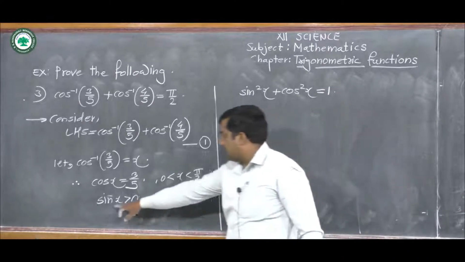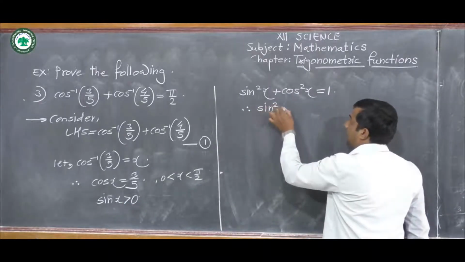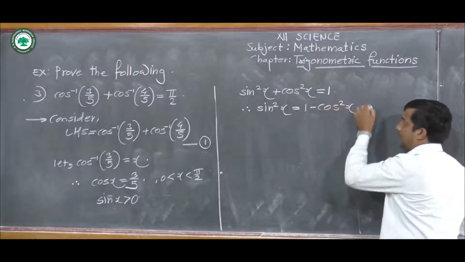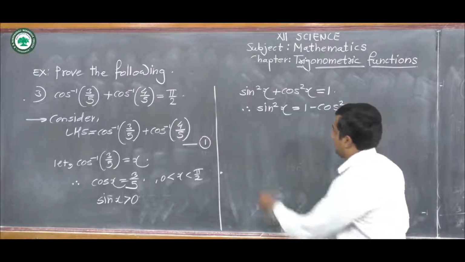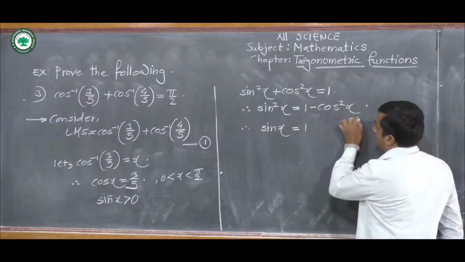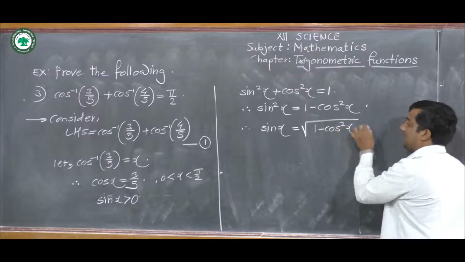We have to find sin x, so I write sin square x separately: sin square x is 1 minus cos square x. Now taking square root on both sides, sin x is equal to the square root of 1 minus cos square x.